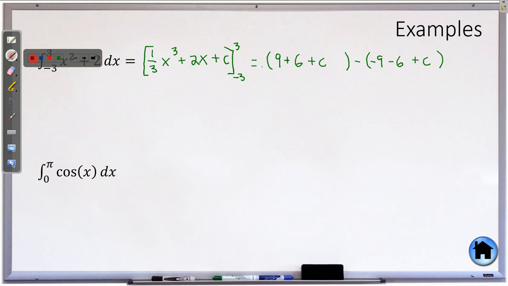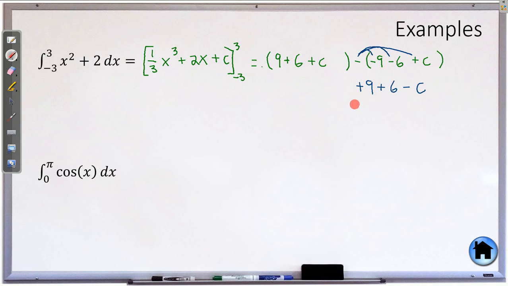Now here's where our algebra can sometimes mess us up. Don't forget that we are subtracting everything over here, so that negative always distributes. Okay? So that will become a +9, that will become a +6, and that will become a -c.